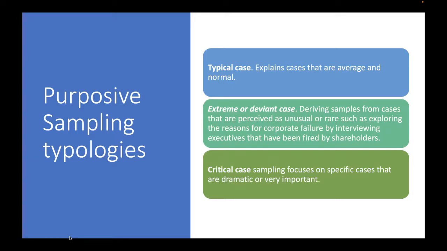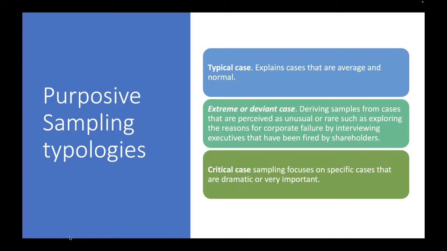So when people talk about typical case purposive sampling, they are saying that yes, you're going to choose people with the characteristics that you're interested in, but you actually want people who represent an average or very normal response in that category of people you're interested in.